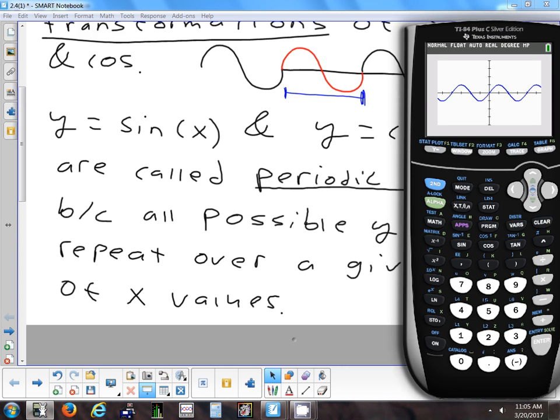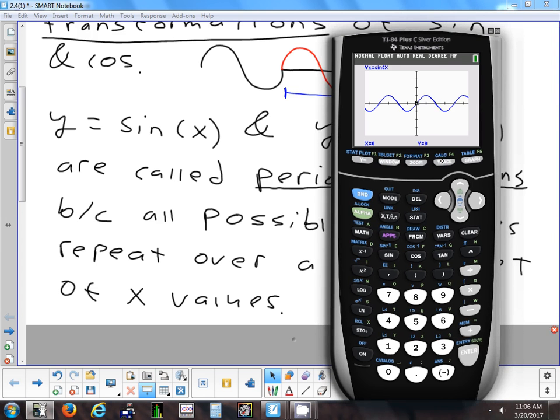How many degrees do you have to go through before you get back to where you began? 360. So if we show what happens when we're at 0, I'm right where the cursor is blinking. If I go all the way to 360, now I'm where it's blinking. So from 0 to 360, that's the amount of degrees you have to go through before the graph repeats itself. After 360, the graph is going to do what you already saw on the screen, right here.